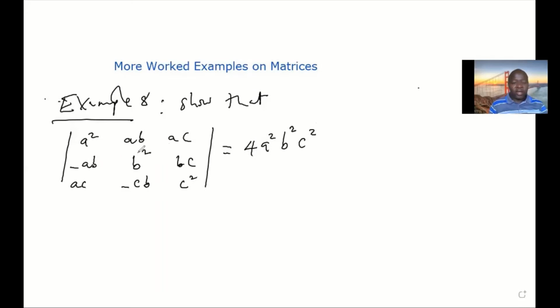The first thing I do is discover that each of these rows has a common factor. There's A, which is a common factor there, B on this row, and C on that row. So let me factor out the common factors.